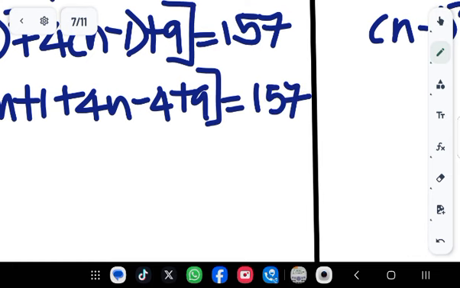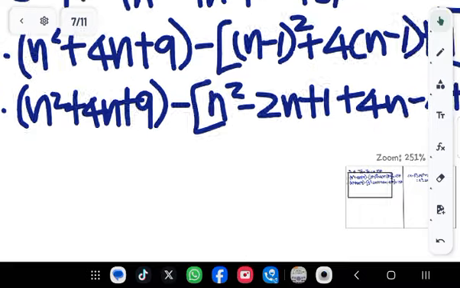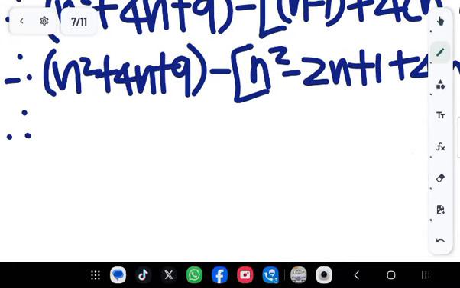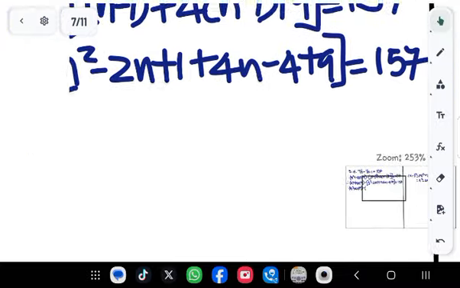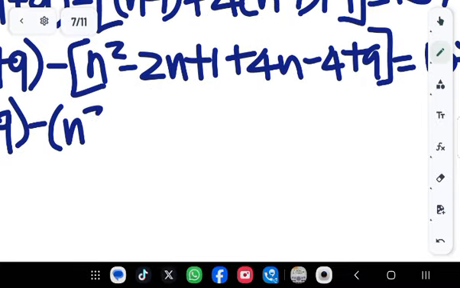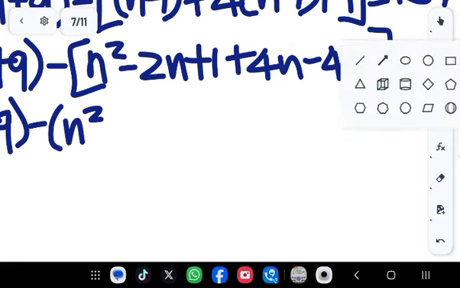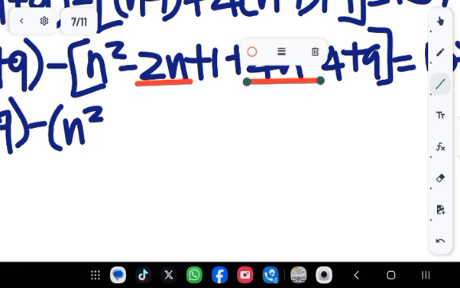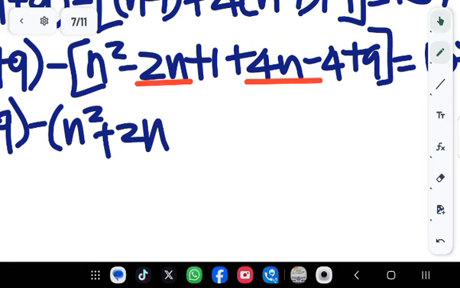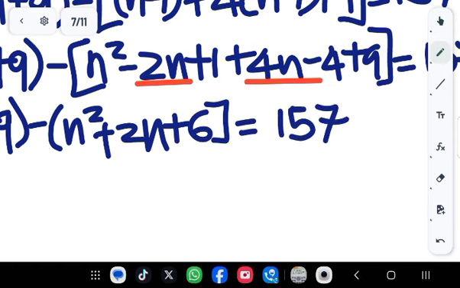All right, let's add like terms and simplify this. n squared plus 4n plus 9 minus n squared, we've got minus 2n plus 4n, so that's 4 minus 2, which gives us 2n. And then we have 9 plus 1, which is 10, minus 4, that gives us 6, and that is equal to 157.